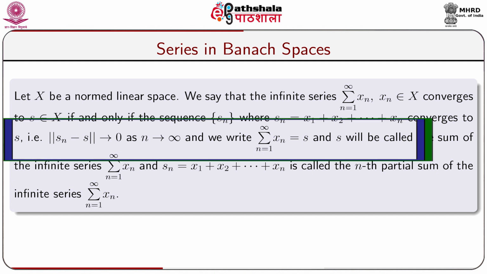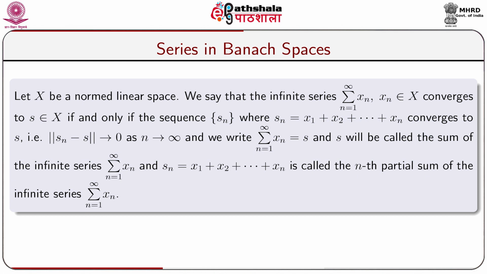That means, norm of Sn minus S tends to 0 as n tends to infinity. That means, for every epsilon greater than 0, there exists a positive integer capital N such that norm of Sn minus S is strictly less than epsilon whenever n is greater or equals to capital N, where n is a positive integer. And we write in this case sigma n equal to 1 to infinity xn is equal to S, and S will be called the sum of the infinite series.